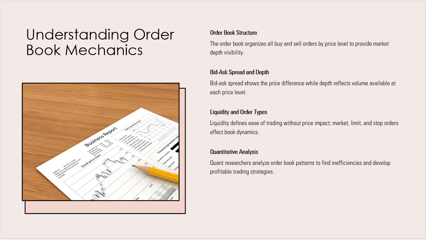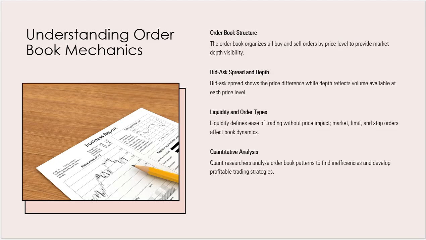Order book dynamics are central to market microstructure analysis. The order book displays all buy and sell orders for a particular asset organized by price level. Key components include the bid ask spread, which is the difference between the highest bid and the lowest ask, and the depth, which refers to the volume available at each price level.